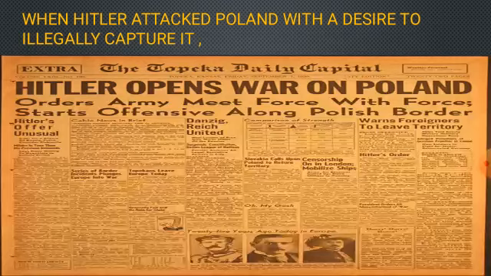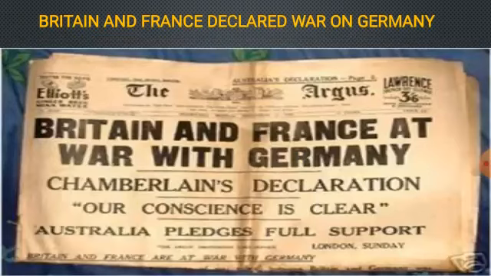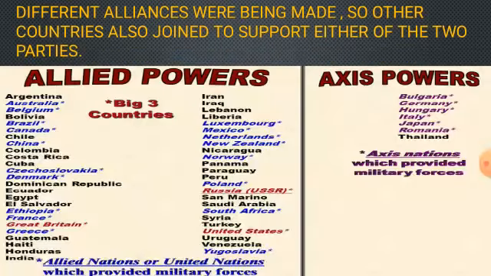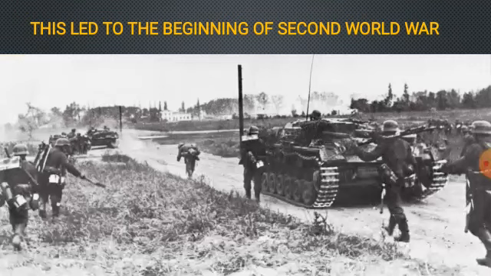When Hitler attacked Poland with the desire to illegally capture it, Britain and France declared war on Germany. Different alliances were being made, so other countries also joined to support either of the two parties. This led to the beginning of the Second World War.